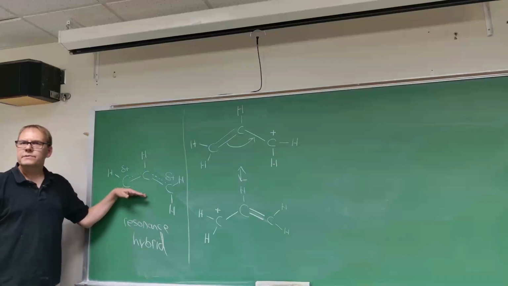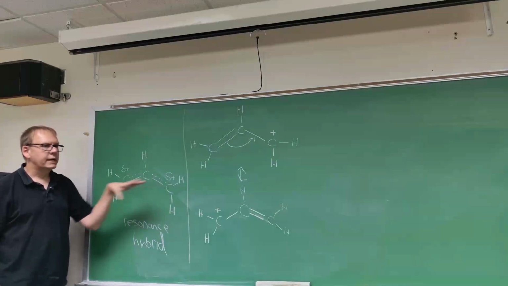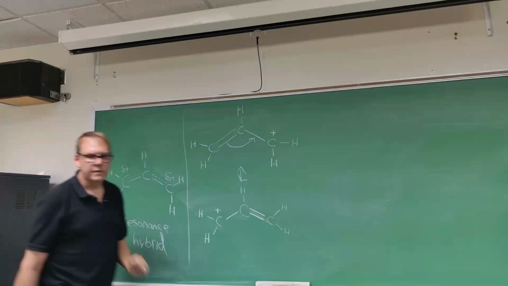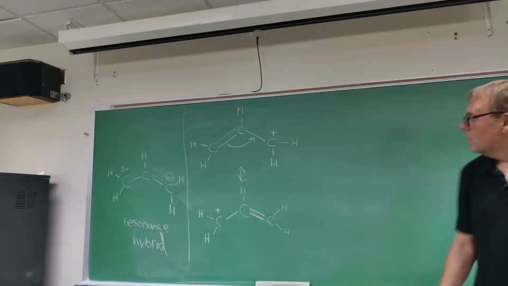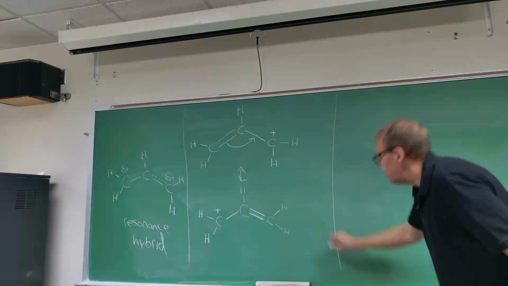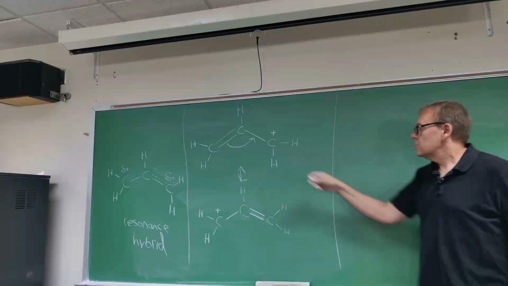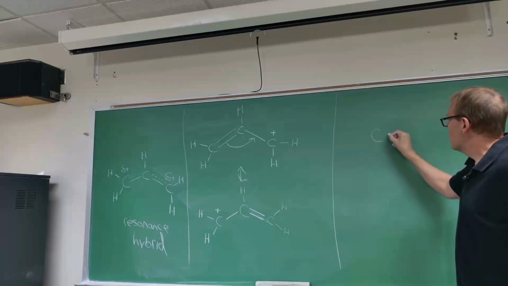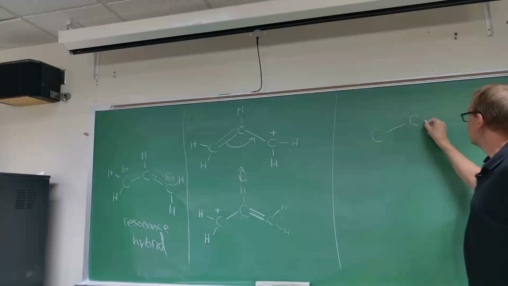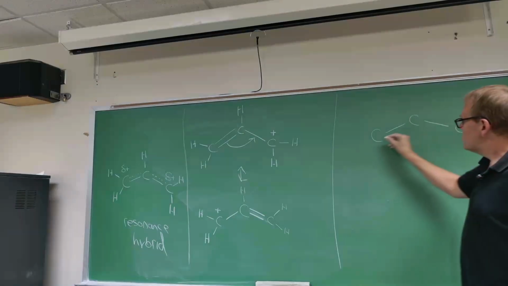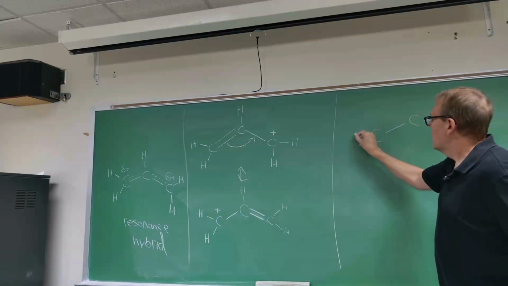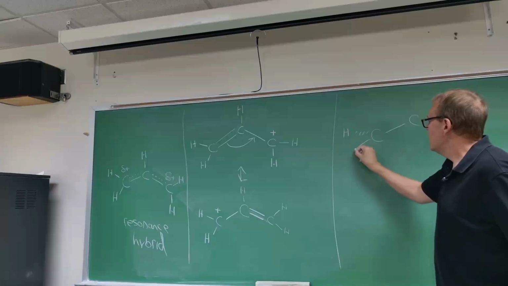Now, let's talk about these things in terms of molecular orbitals to try to get a molecular orbital explanation of this. So if I draw this molecule with a molecular orbital representation, I'm going to show the sigma bonds as lines, but I'm going to show the p orbitals on these atoms.